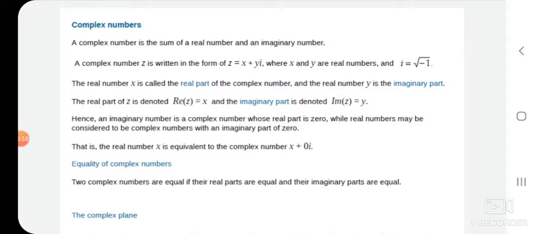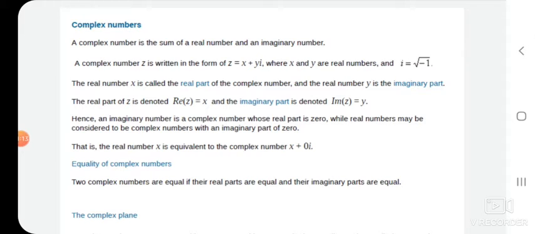In basic algebra, the variables x and y generally stand for values of real numbers. The algebra of complex numbers, or complex analysis, uses the complex variable z to represent a number of the form a plus ib or x plus iy.